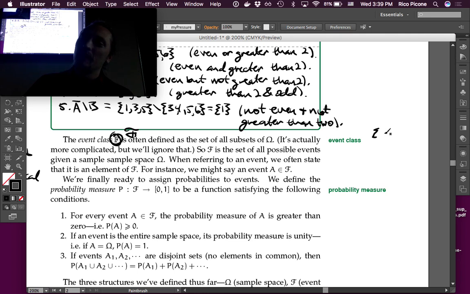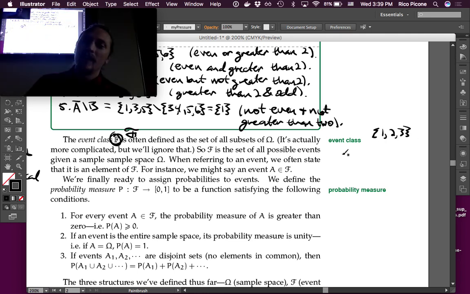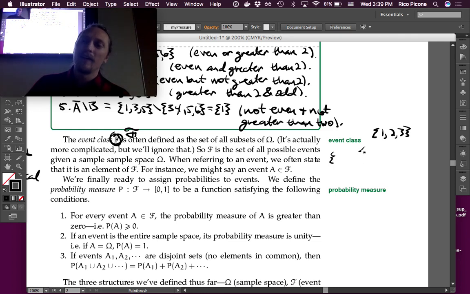So you have 1, 2, and 3 as possibilities. Then the event class would be the set of all subsets. So, for instance, 1. For instance, 1, 2. For instance, 1, 2, 3.